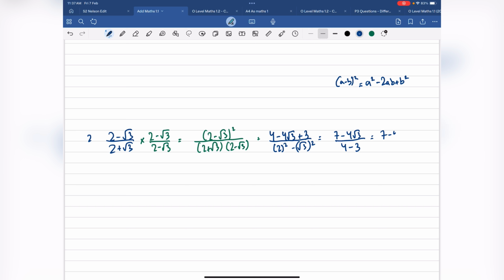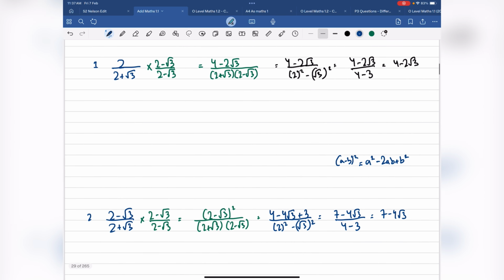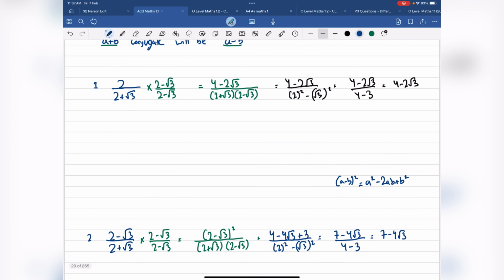So that makes this. Do you all get surds till this point?